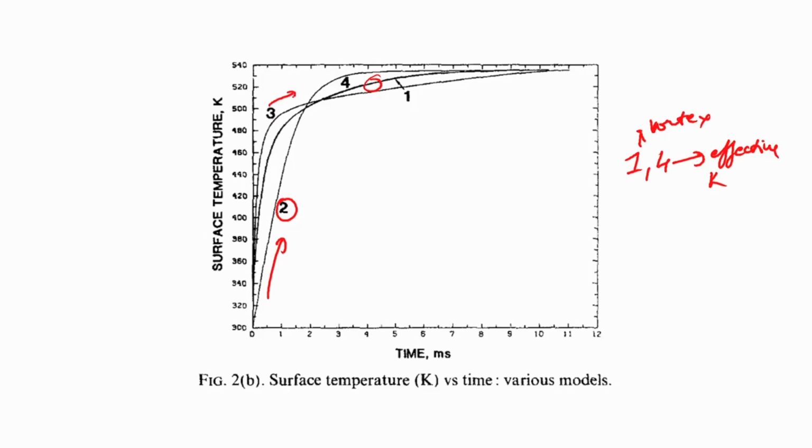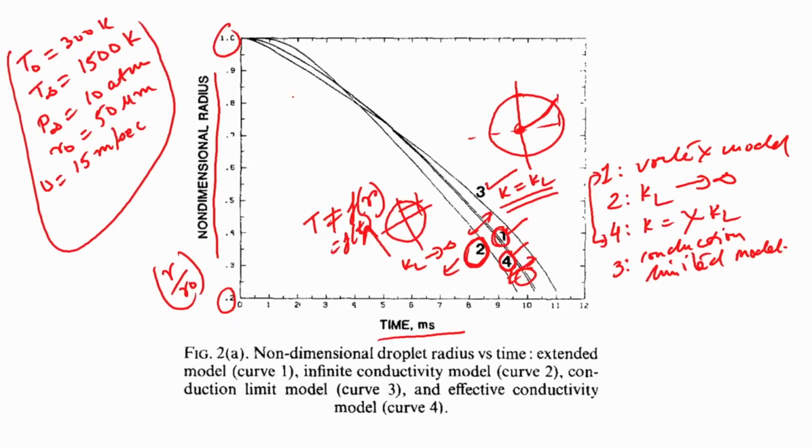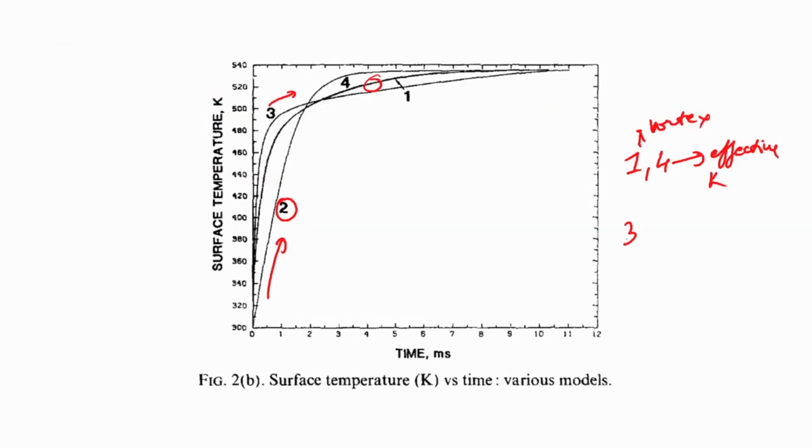Now, if you go back and see what 3 was, 3 was the conduction limited model, and 2 obviously is the infinite conductivity.